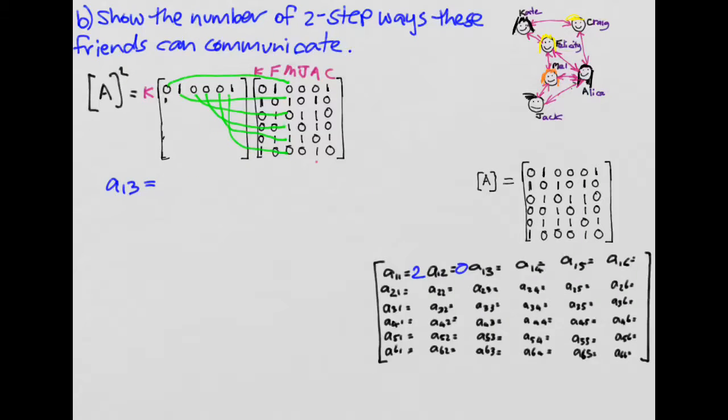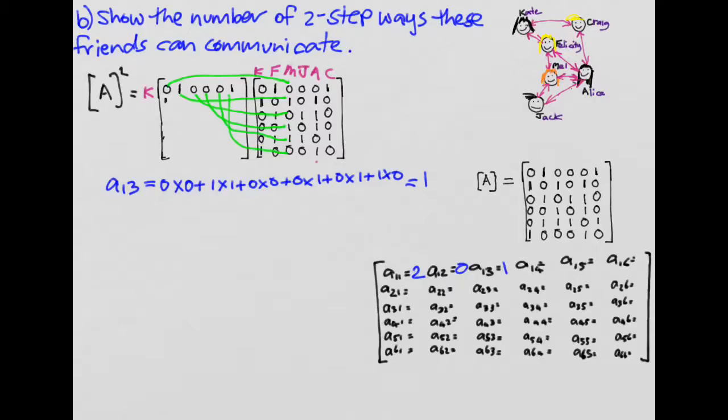Now for position A13 we multiply row K by column M. So A13 is 0 by 0 plus 1 by 1 plus 0 times 0 plus 0 times 1 plus 0 times 1 plus 1 times 0, and that equals 1. So we go ahead and put a 1 in there.